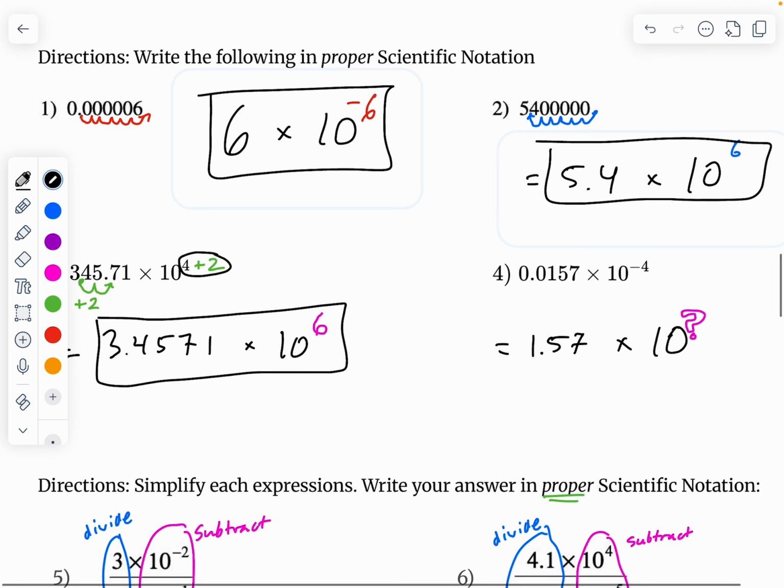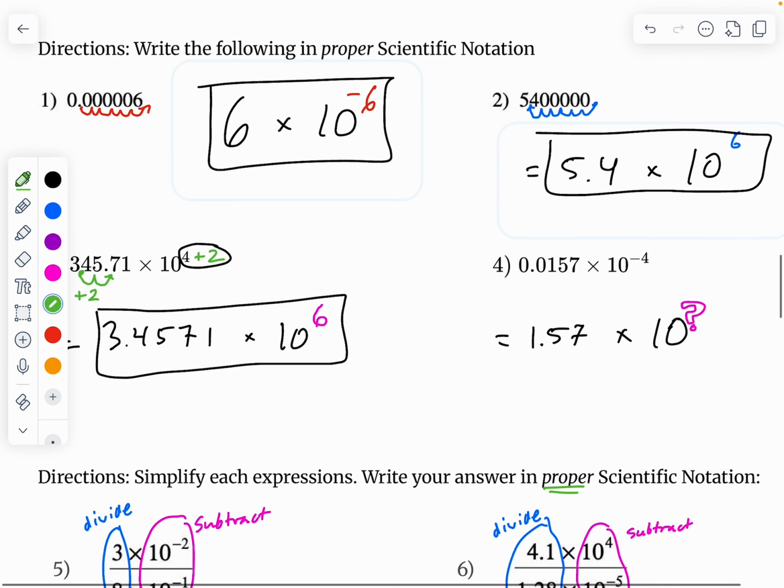Number 4. Let's see if you were able to do this one. This one's a weird one, but put the decimal where you want it to be. Go back to where you were for the decimal place, and it is 2 to the left. Now, 2 to the left, is that addition or is that subtraction?